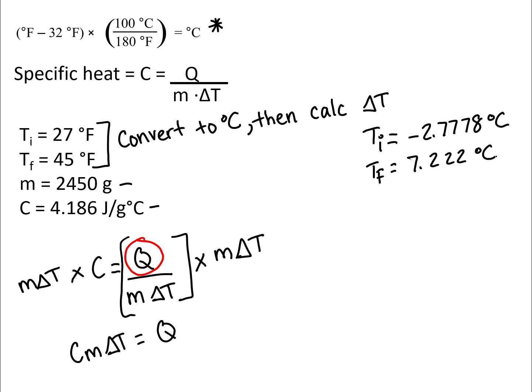Notice how I'm putting a lot of digits at the end, okay? We're not doing any kind of rounding right now. We're going to save all of that for the end. Your delta T, you're going to take the final minus the initial. And since we're talking about subtracting a negative number, we're actually going to end up adding.